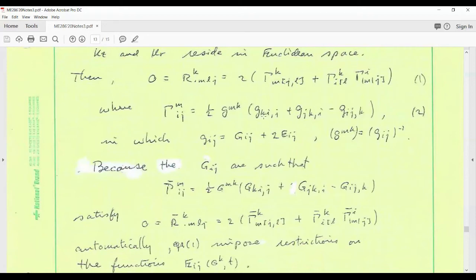Well, remember for the covariant components of strain, we had this relationship. The strain, apart from the factor of 2, is just the difference of the metrics in the two spaces, current relative to reference. And this matrix of dual metric components is the inverse matrix of the covariant metric components.